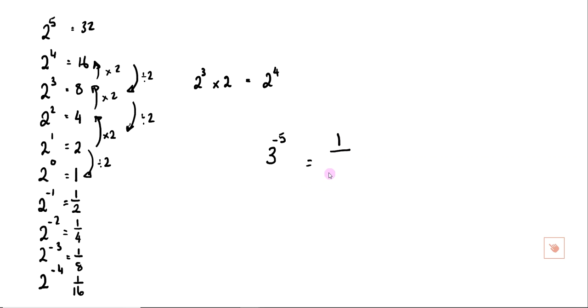Because look, 1/8 is 1 over 2 cubed. 1/4 is 1 over 2 squared. So it looks like we take the negative and that gives us the 1 over. The negative does not make it a negative, it gives us a division.